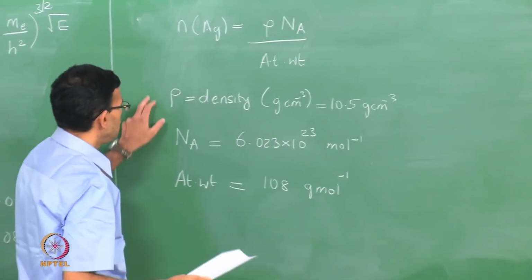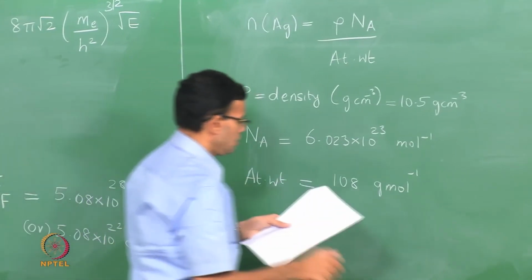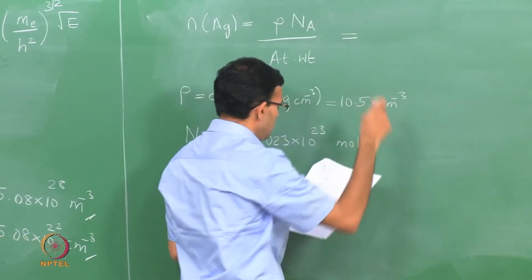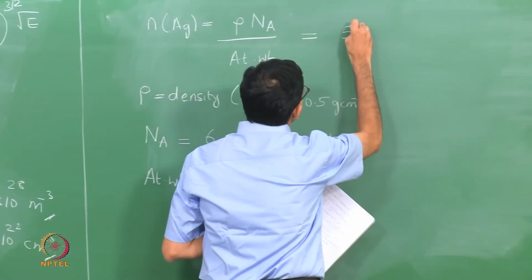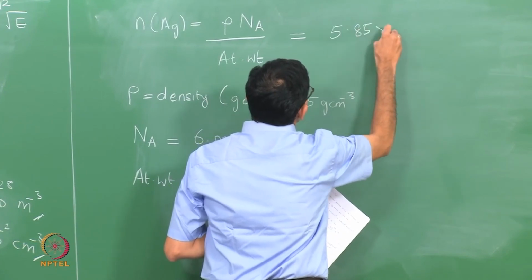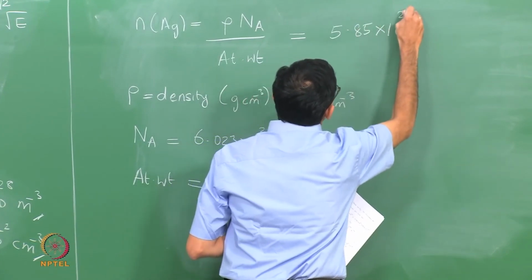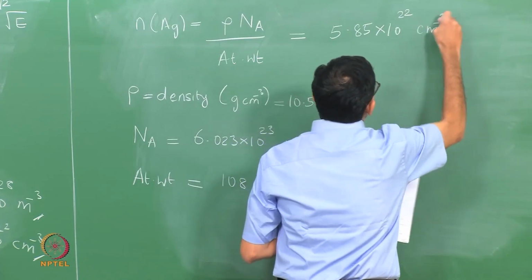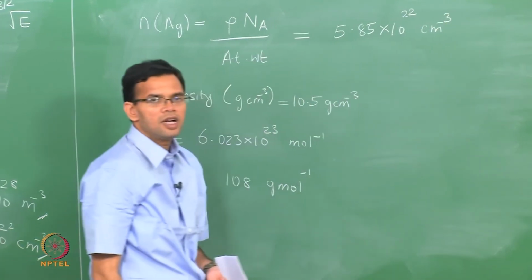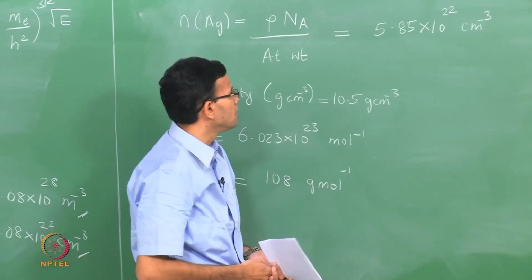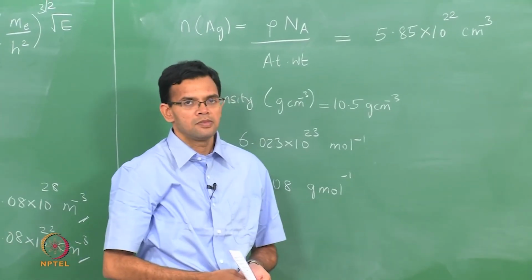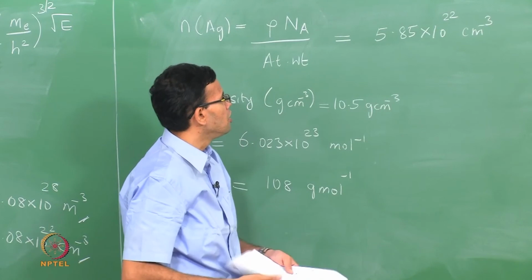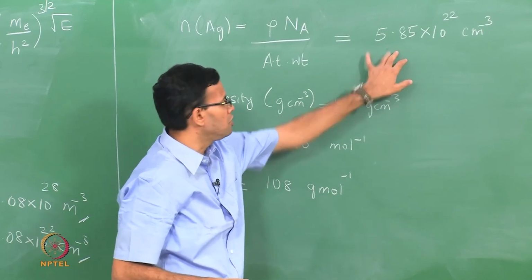You can substitute these values in this expression. So, the number of silver atoms is 5.85. So, these are the number of silver atoms. Each silver atom can donate 1 electron. So, these are the number of electrons.